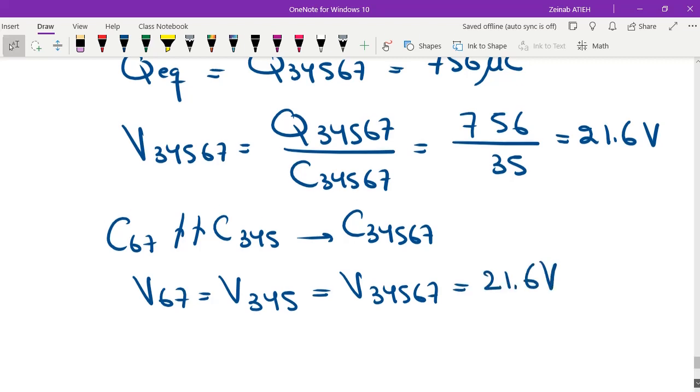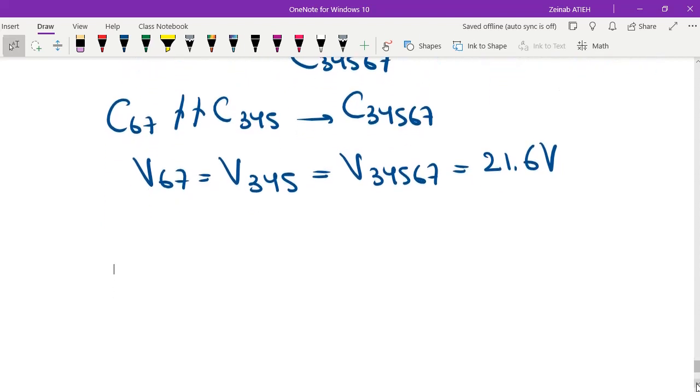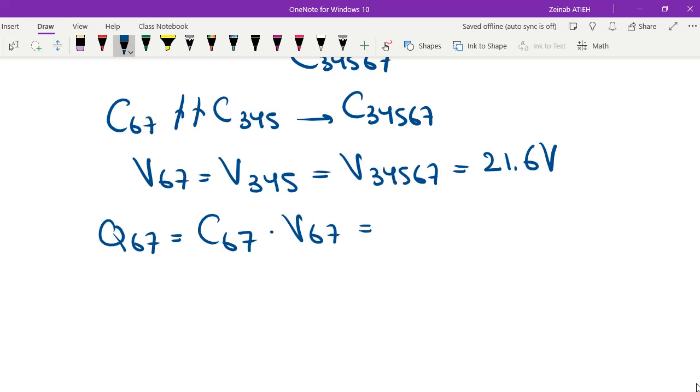Okay. We are looking for Q4 and Q6, so I will need both of them. Let's calculate. Q67 is C67 times V67, so C67 is 15 and V67 we calculated now as 21.6. This will give us 324 microcoulomb.